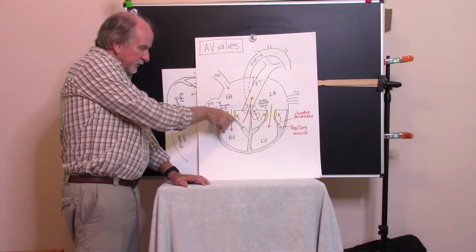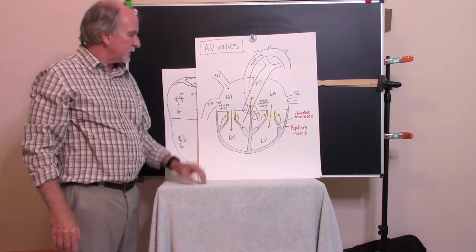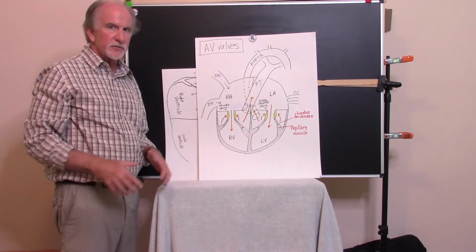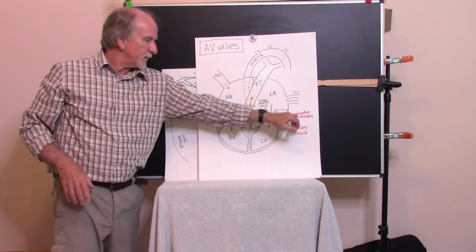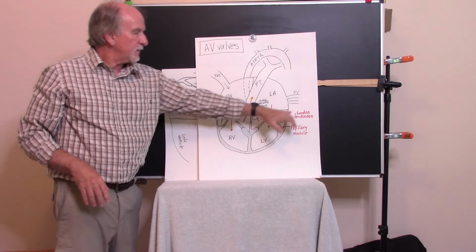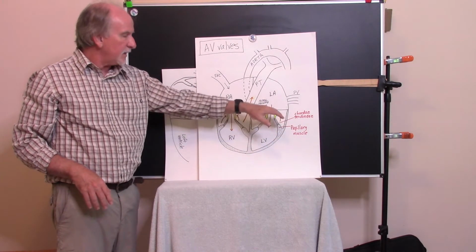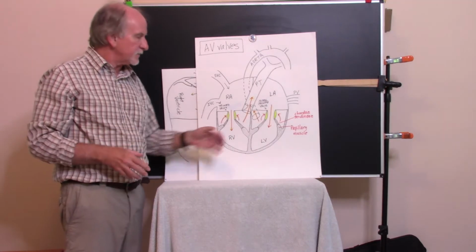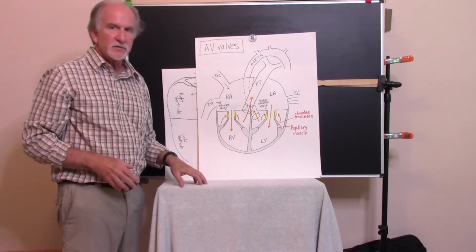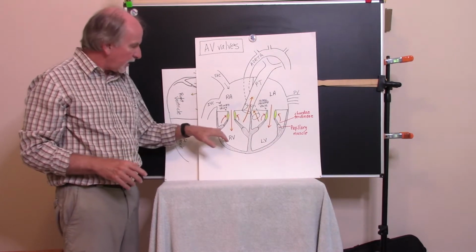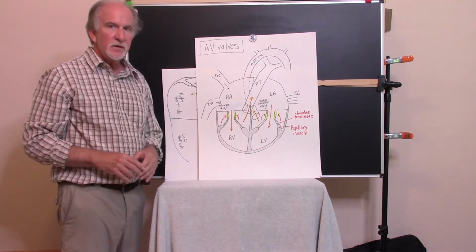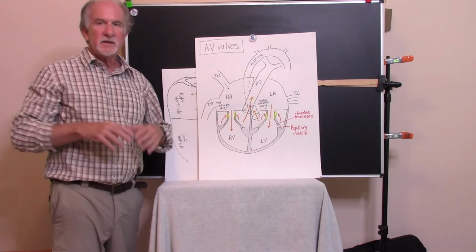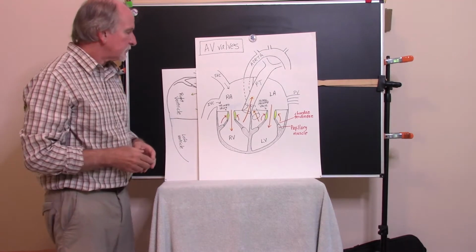The edges of the flaps are connected by string-like structures called the chordae tendineae, and the chordae tendineae attach the edges of the flaps to the tops of papillary muscles. The papillary muscles are columns of cardiac muscle coming off the interventricular walls.